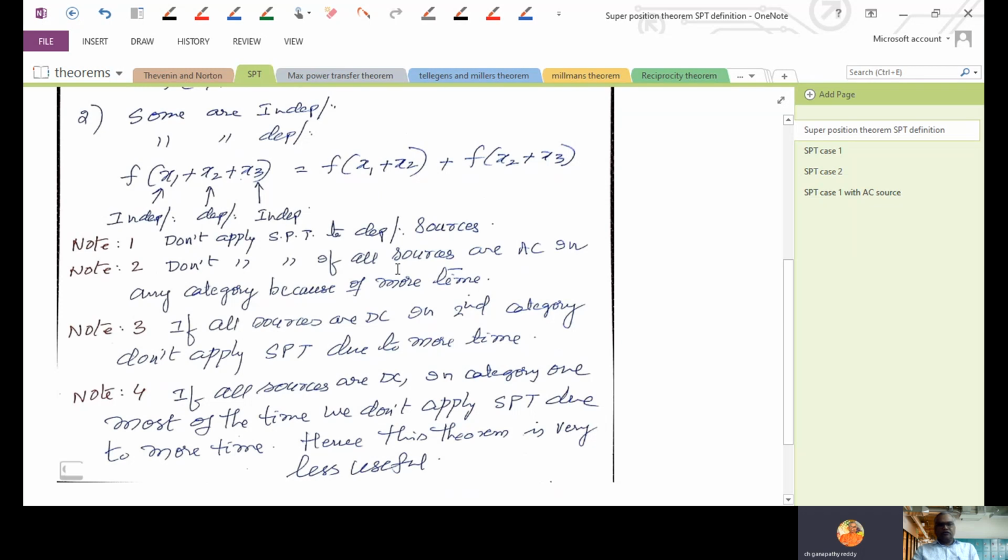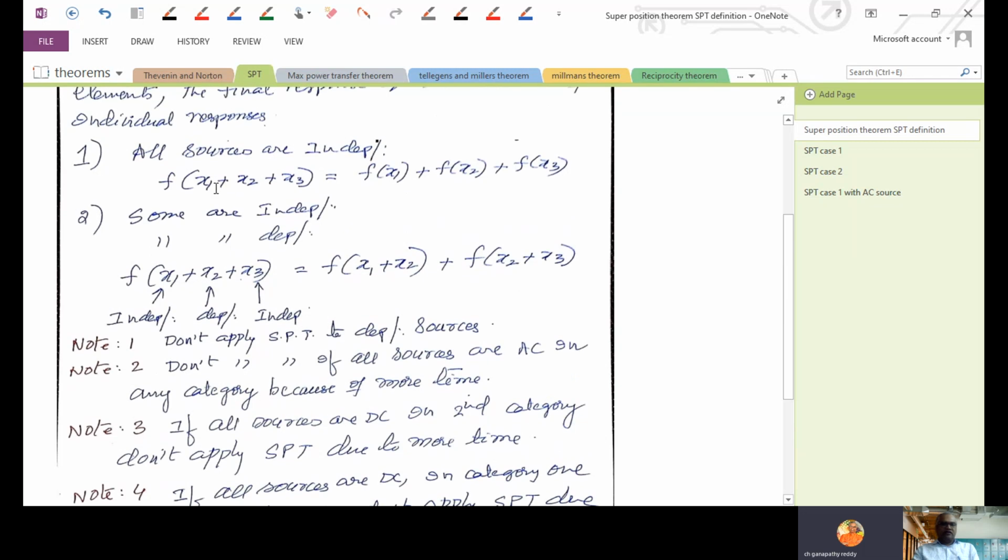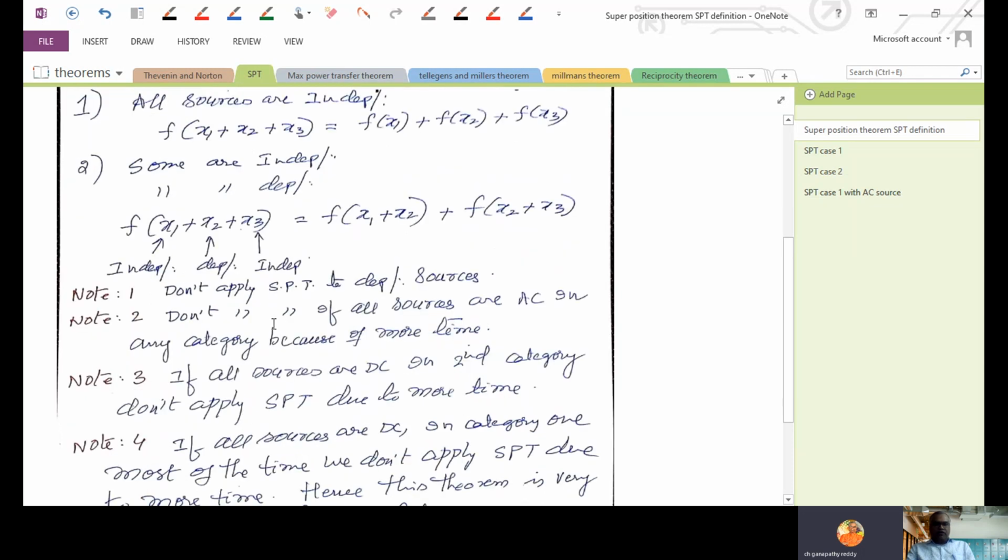If x1, x2, x3 are AC sources, finding f of x1 will take 5 minutes, each response will take 5 minutes, and the addition will take five minutes because we are adding AC quantities. With DC sources we add only real numbers easily, but with AC sources you have to use phasor form, etc. Then only you get the answer. You can apply it, but unnecessarily it takes a lot of time. Avoid using the superposition theorem if sources are AC.